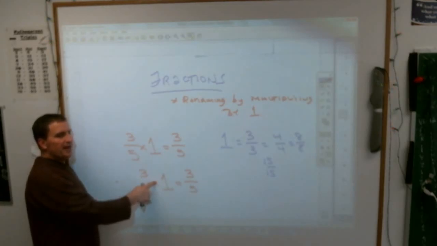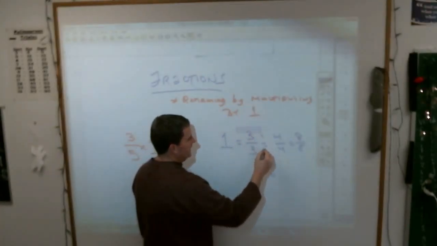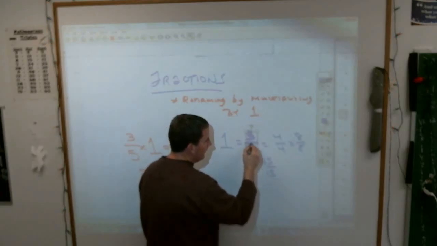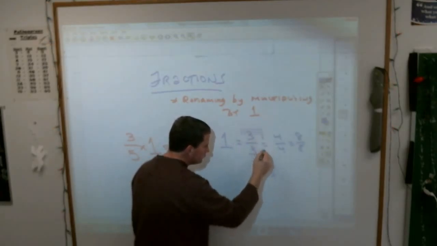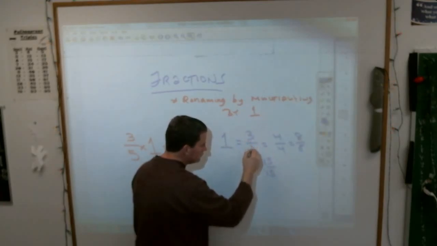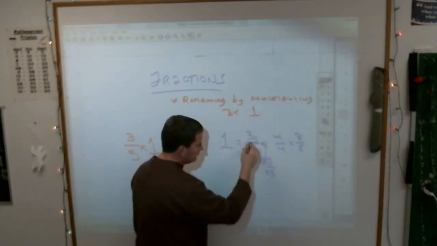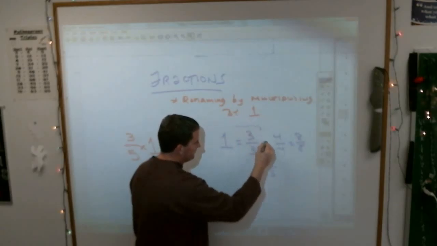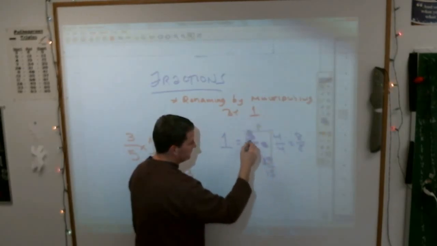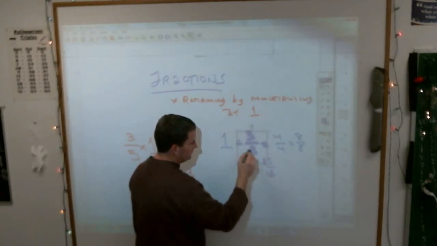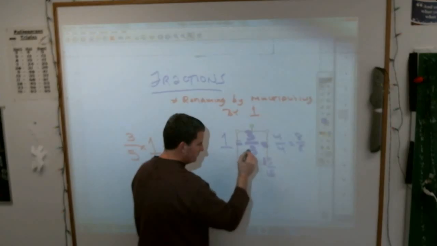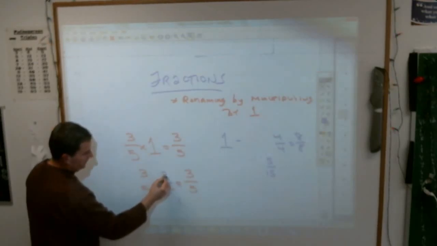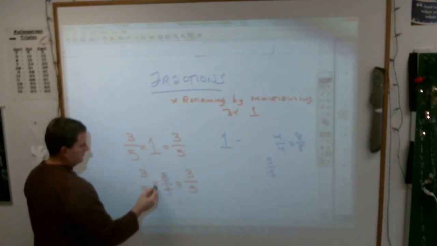If instead of multiplying by 1, I multiply by something that is the same as 1, try just to get that. Eventually we'll get this.